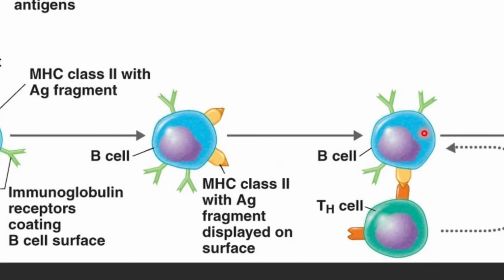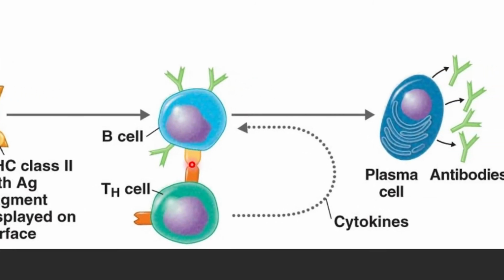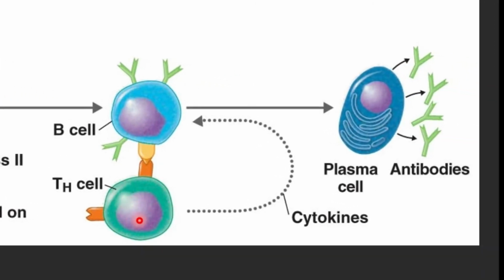And then the B cell will present antigen to the helper T cell. And when it does that, and only when it does that, will it become activated. And remember, that activation is what causes the mitosis, the cytokinesis, and the differentiation into memory cells and plasma cells, which are then going to secrete antibody and send that out into the bloodstream.